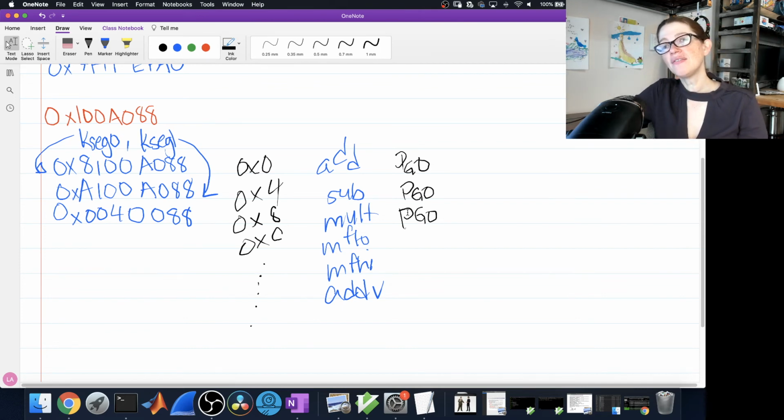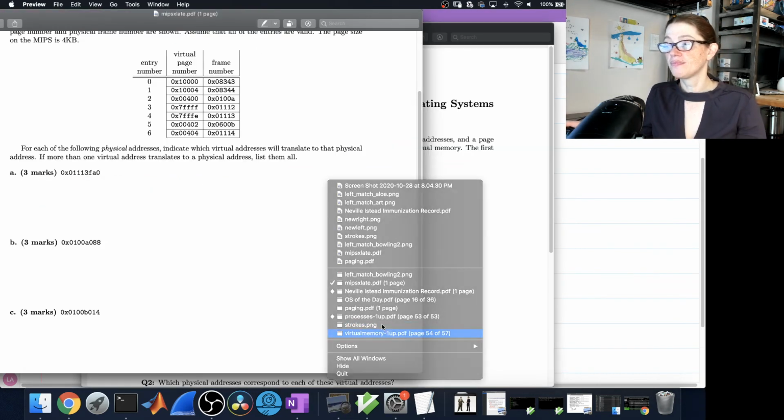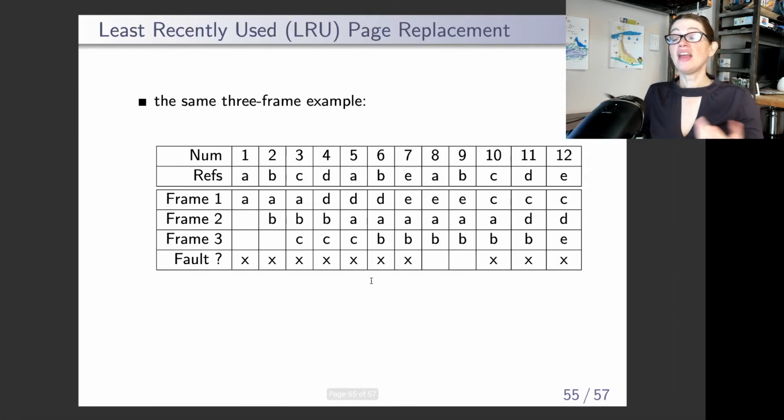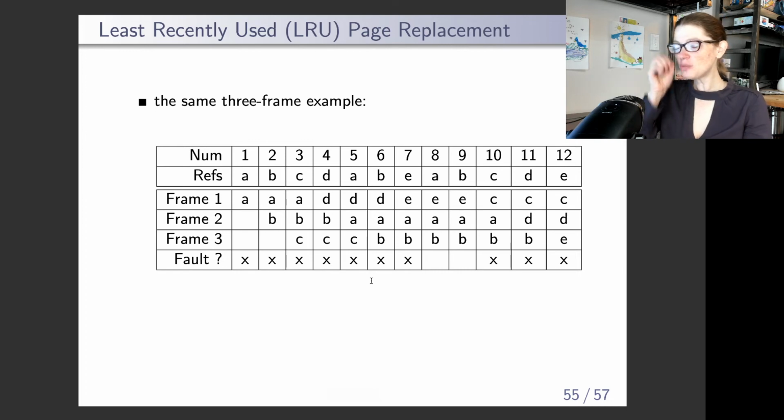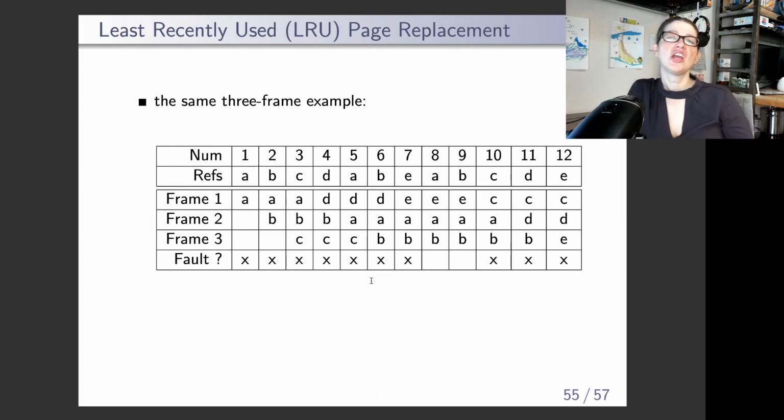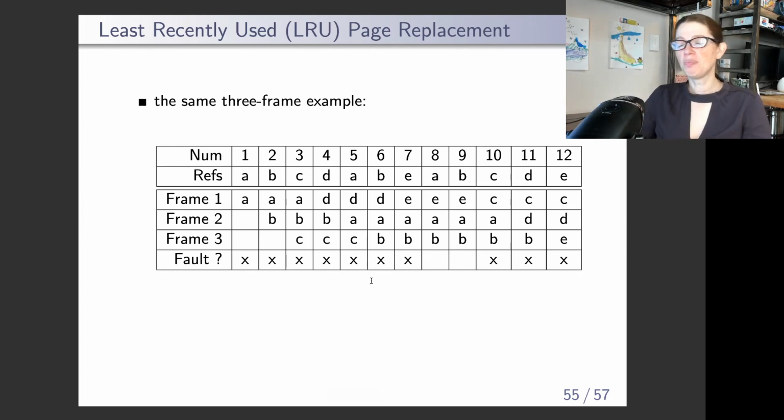So can we take advantage of locality to predict which pages we're going to use in the near future? Of course, that gives us the least recently used page replacement, which means we're going to choose the least recently used page to be the one that we evict. Now, this example in the notes is particularly bad because it makes LRU as bad as FIFO.